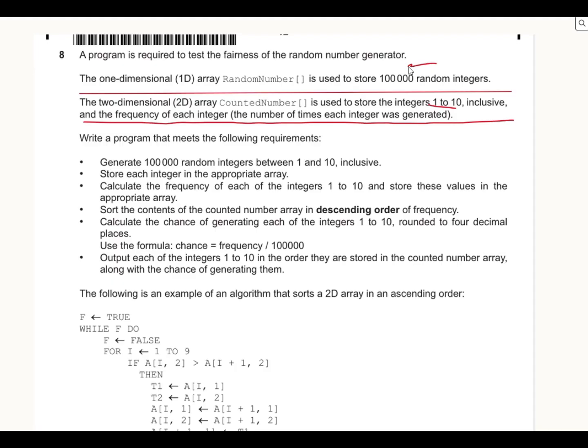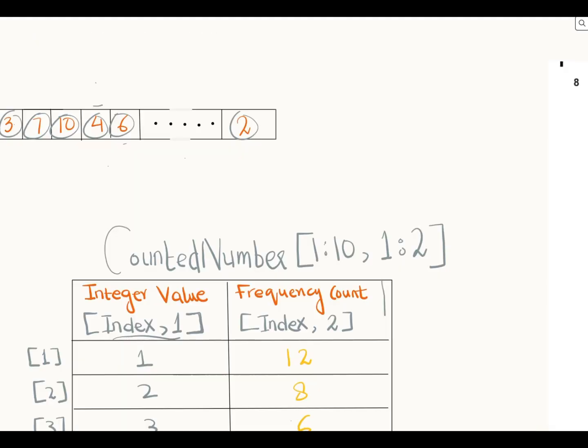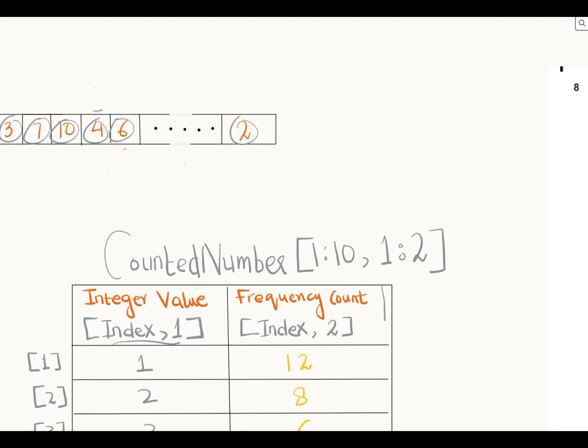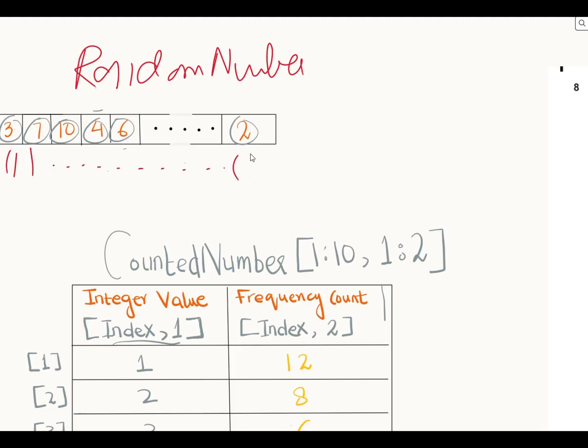All right. So first, let's visualize what this even means. Here I created the first array, which was the 1D array RandomNumber with 100,000 elements in it, starting from the first index up till 100,000.